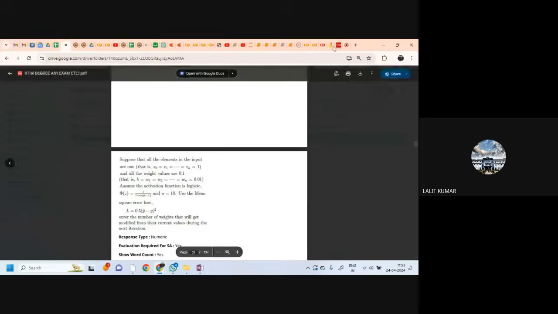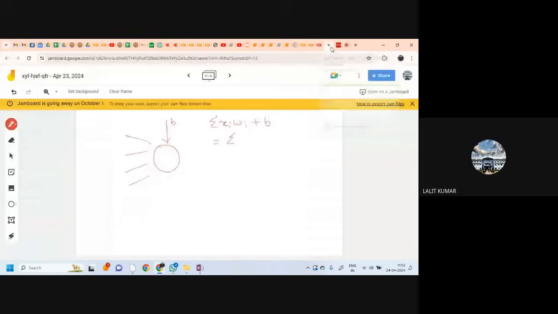Yeah. But we can calculate, considering, for example, x1 to x10, and we write 1, 1, 1, 1, 1. And if W is 0.1 and the bias is 0.01, this will become 1 into 0.1 into 10 plus 0.01, which is 10 into 0.1 plus 0.01, that is 1.01.